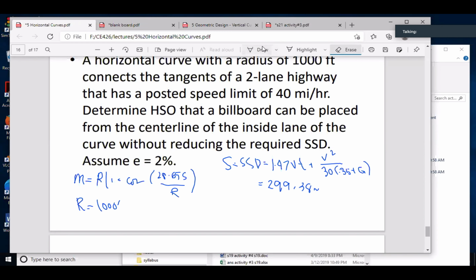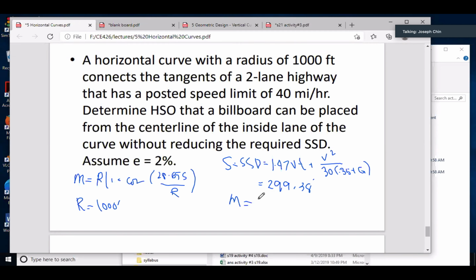So now, knowing these two, you can just substitute the value here and solve for M. I got 11.18.